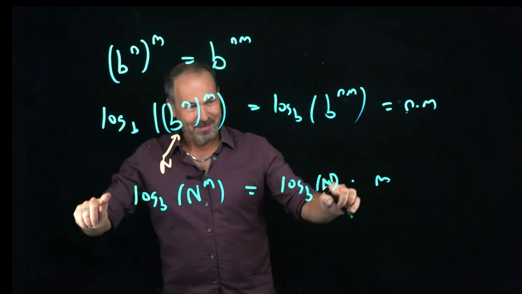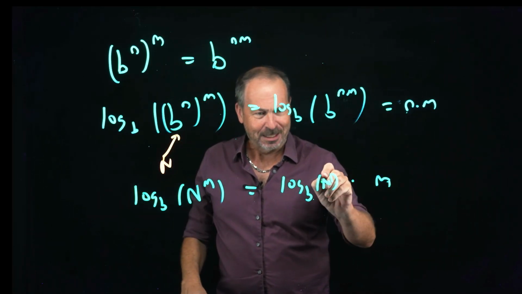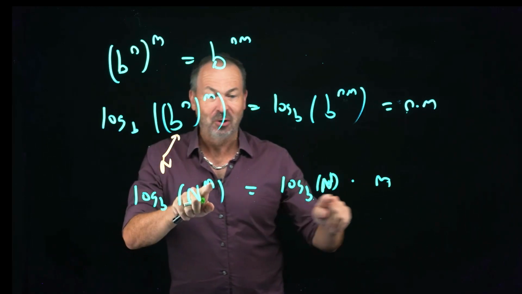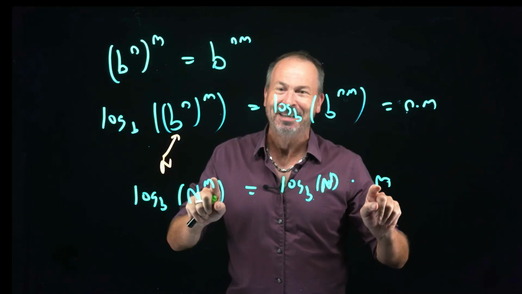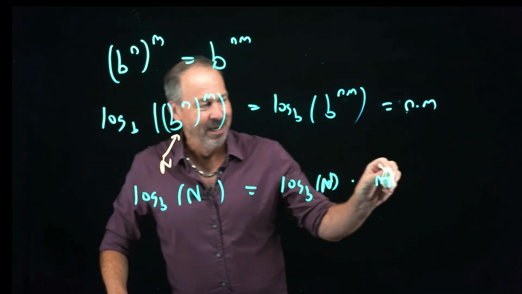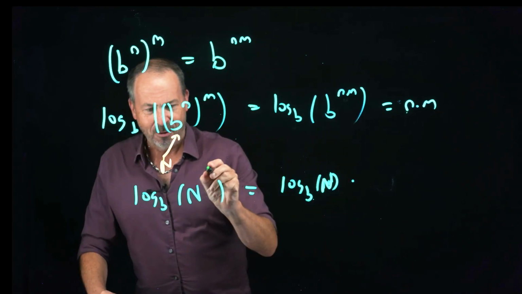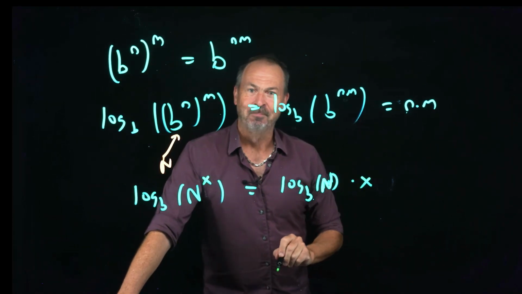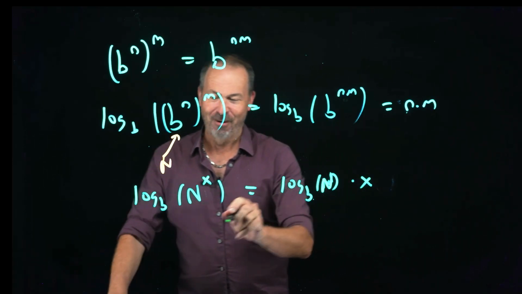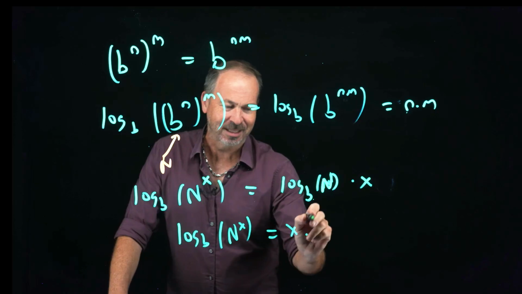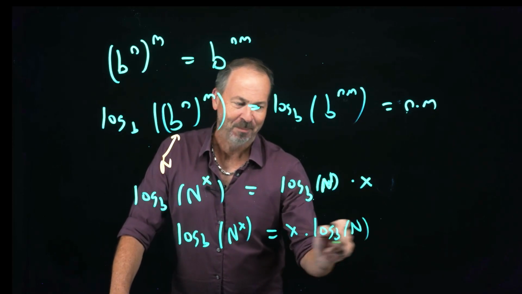All right, that looks a little strange, but that's little m, that's big N. My handwriting is atrocious. Actually, most people prefer not to use the letter little m here. They prefer to use x. Let me just replace it with x instead. And there we go. Log base b of N to the x is log base b of N times x. And most people actually put the x in front. They say log base b of N to the x is actually x times log base b of N.